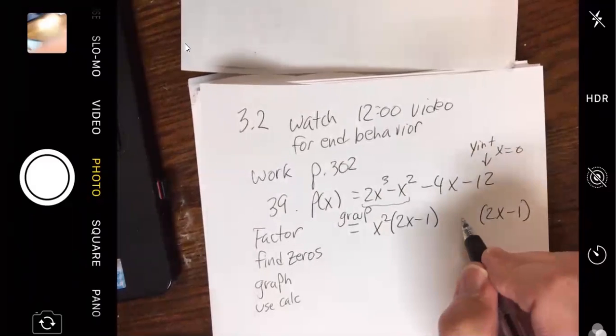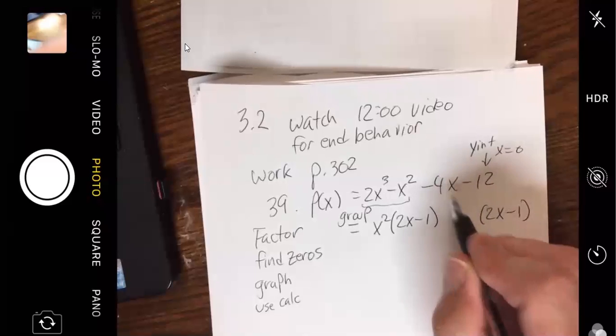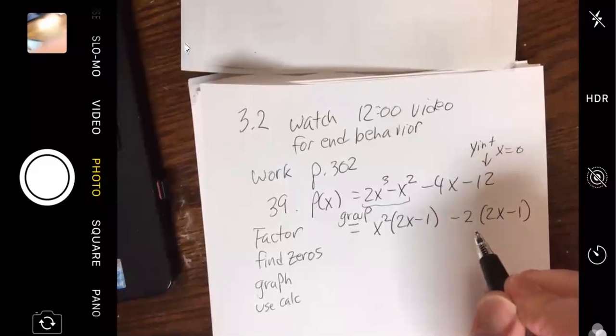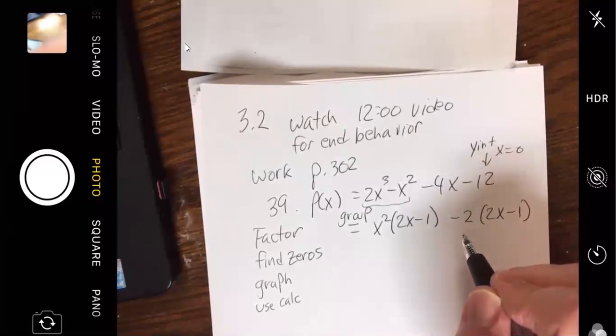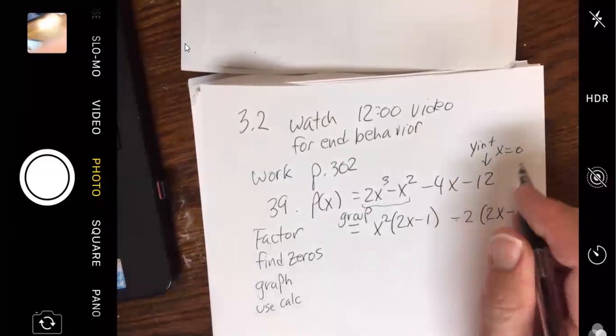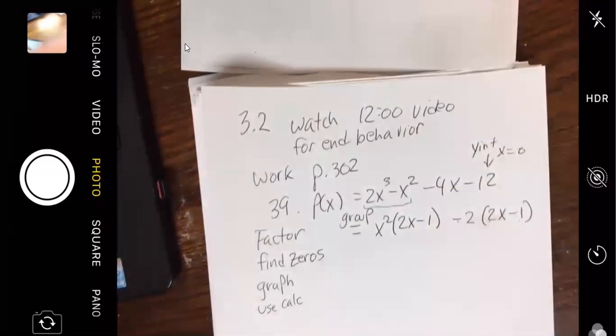So I've got to put something here that will multiply and give me this. To get to a negative 4x from a 2x, looks like I need a negative 2. And this really isn't working, because I'm getting the negative 4x, but I'm getting a plus 2 when I'm supposed to have a 12. So I picked a tough one.